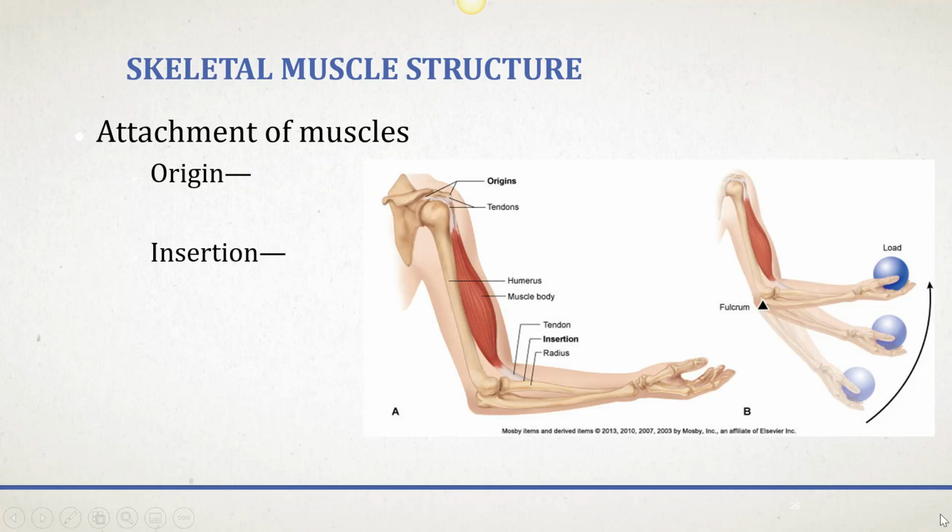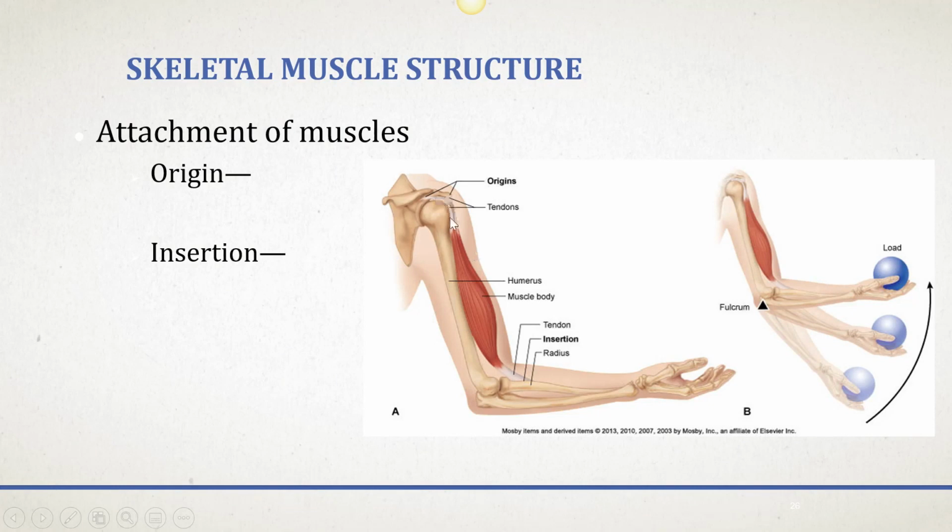So let's pretend that your biceps brachii originated up here in the shoulder at the top of the humerus and inserted in the humerus. If we were to contract this muscle, it's not going to break your bone in order to bend the humerus.